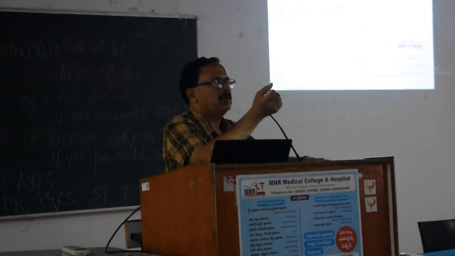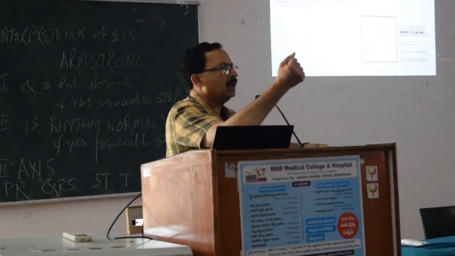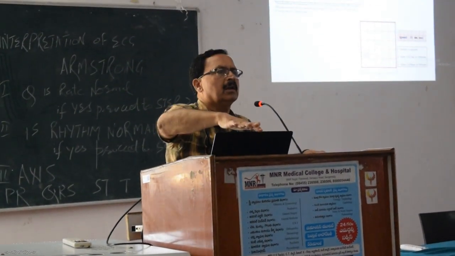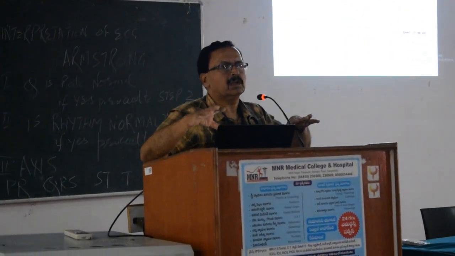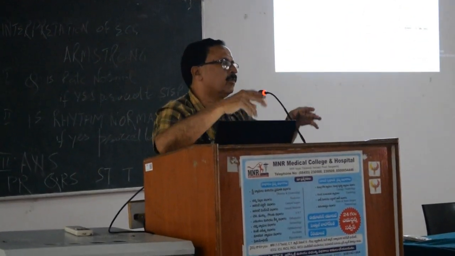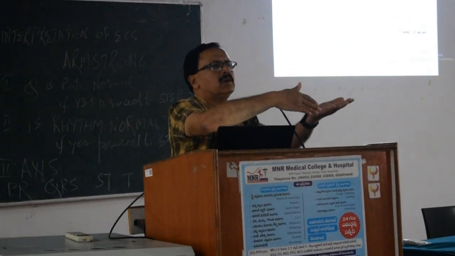So when the heart rate is more, the cardiac output is less. If the cardiac output is less, the BP will fall. So usually you will find that anybody who is treating is confused as to whether I should wait and give time for the BP to pick up so that I can do an intervention.